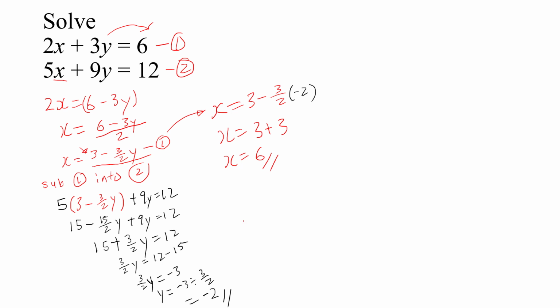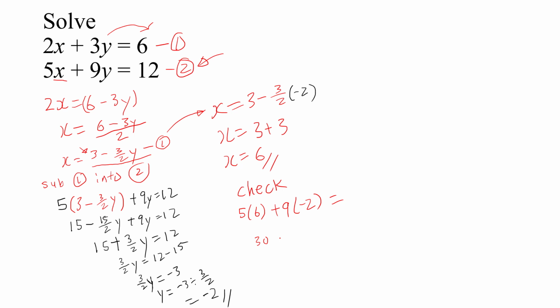And again, we can check our answer. And since we used the first equation, the checking must be done using the other equation, which is equation 2. 5 times 6 plus 9 times -2. Do we get 12?